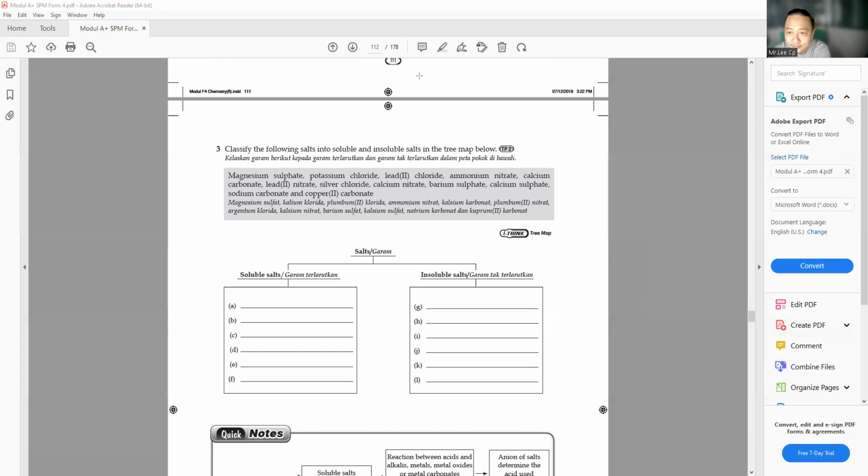I ask one by one. Yunya, magnesium sulfate, soluble or not soluble? Magnesium sulfate. Yes or no? Soluble or not soluble?